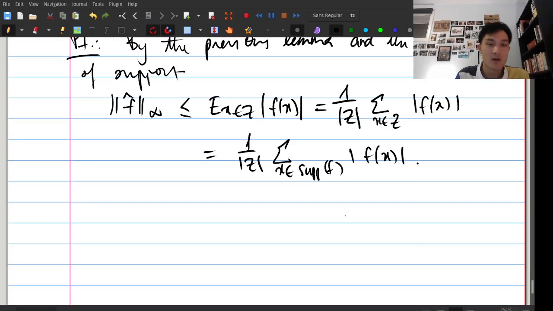Now we use the Cauchy-Schwarz inequality. Note that f of x is a complex number, but you take the norm, so it's real.